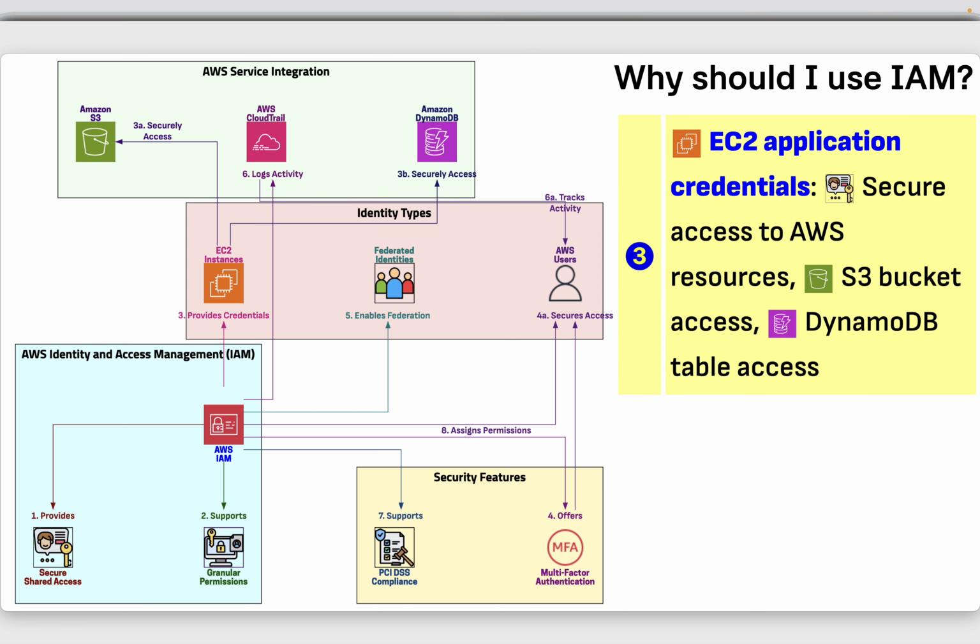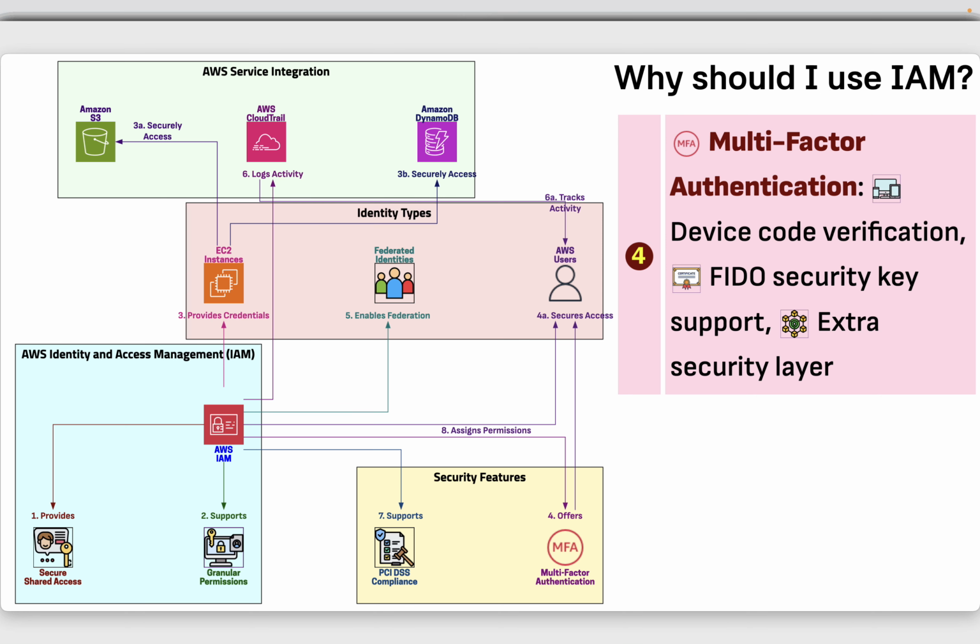It provides secure credentials for applications running on Amazon EC2 instances to access other AWS resources like S3 buckets or DynamoDB tables. It offers multi-factor authentication, adding an extra security layer by requiring a code from a configured device or a FIDO security key alongside a password or access key.